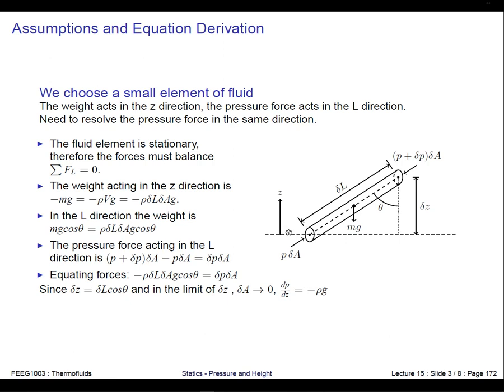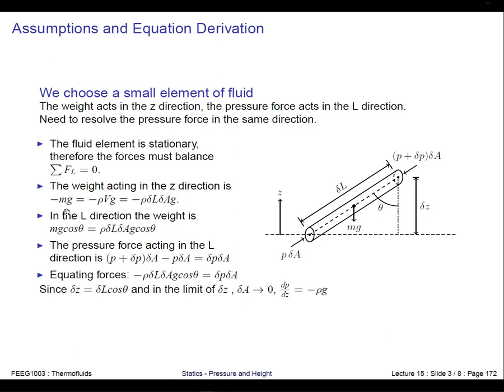To work out the weight, we've got the mass and the magnitude of the gravity vector. So the weight acting in the z direction is minus mg. This is the positive z direction, so the force is negative, and m and g are positive.